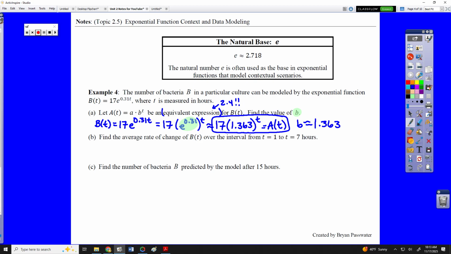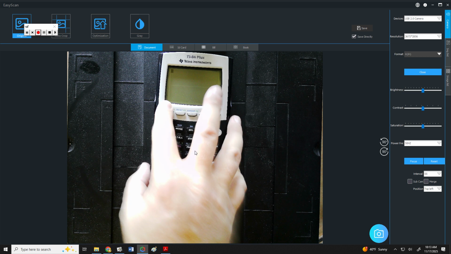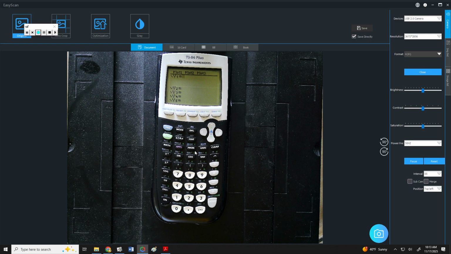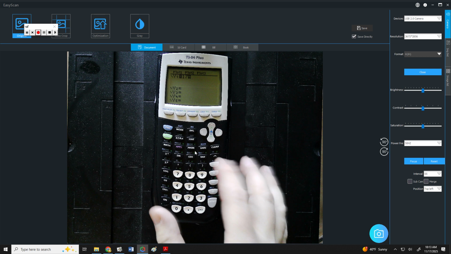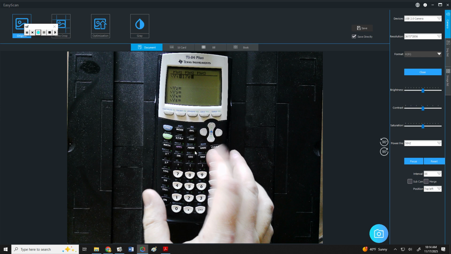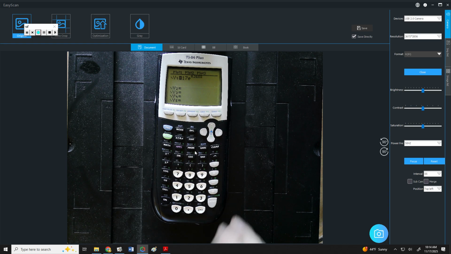So I'm going to show you a trick here for using the graphing calculator to do this. What we're going to do is on our graphing calculator, we are going to hit y equals, clear out anything that might be there, and we're going to type in the function from the directions. 17 e, which is right above the division sign in blue, so second divided by e, and then we're going to hit the caret to get up into the exponent, where we're going to type in 0.31 and then hit our variable button.